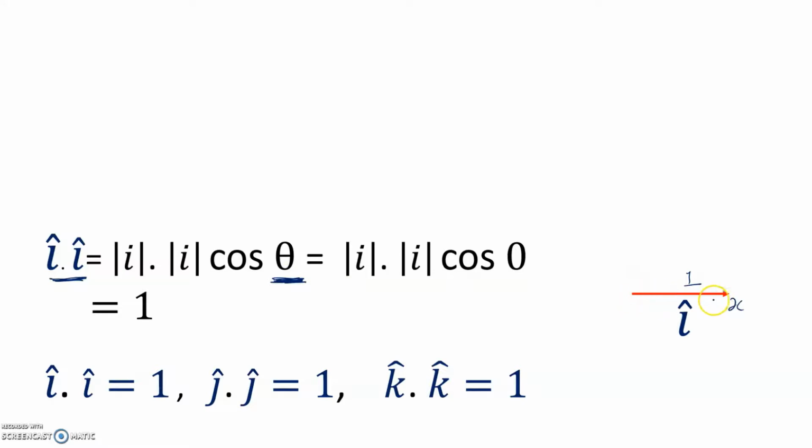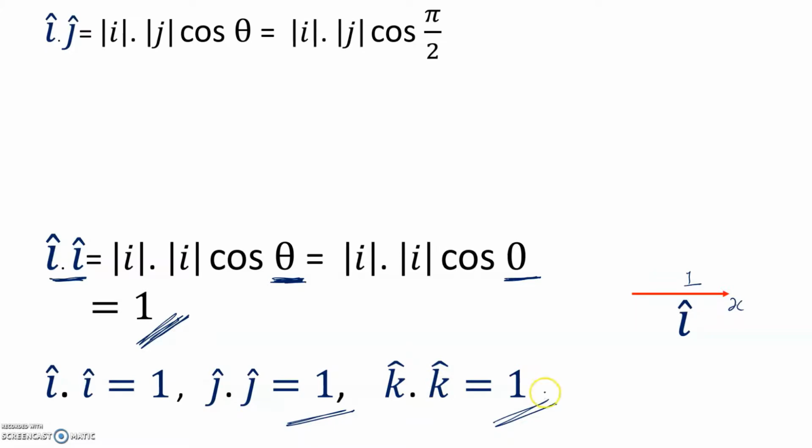The next I is also on the same line, so the theta becomes 0. Magnitude of I is 1, magnitude of I is again 1, cos 0 is 1, so your answer is 1. Similarly, you can also prove that j cap into j cap is equal to 1, k cap into k cap is equal to 1.